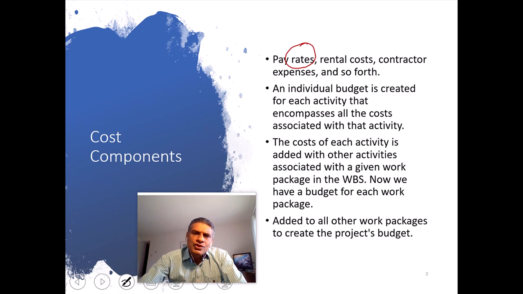Then we will do a little bit of analysis of the activity and find out how those cost components are tabulated. We also want to see how the work package is made up. Sometimes the WBS, when I went through that, I explained the WBS can be grouped if that work is done by a particular contractor.